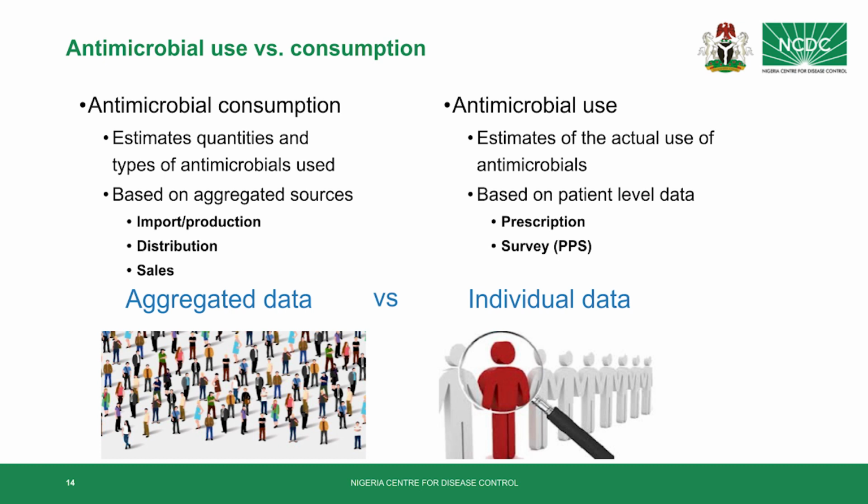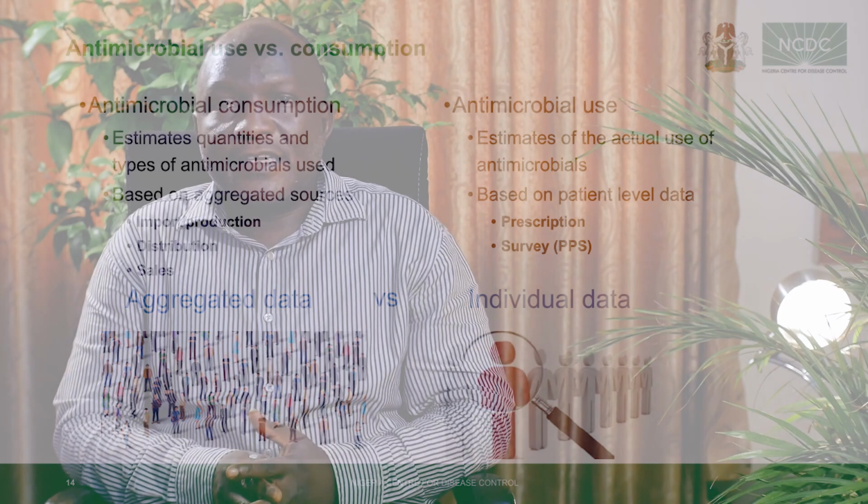So it is patient-based, it is at the level of the patient. In other words, it will go with prescription and point prevalence surveillance, whereas consumption is based on aggregated sources: imports, production, distribution, sales. So it is aggregated data.